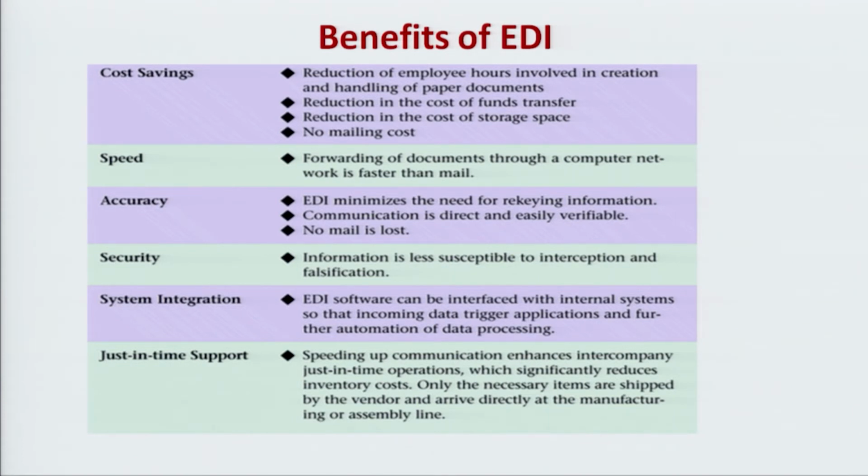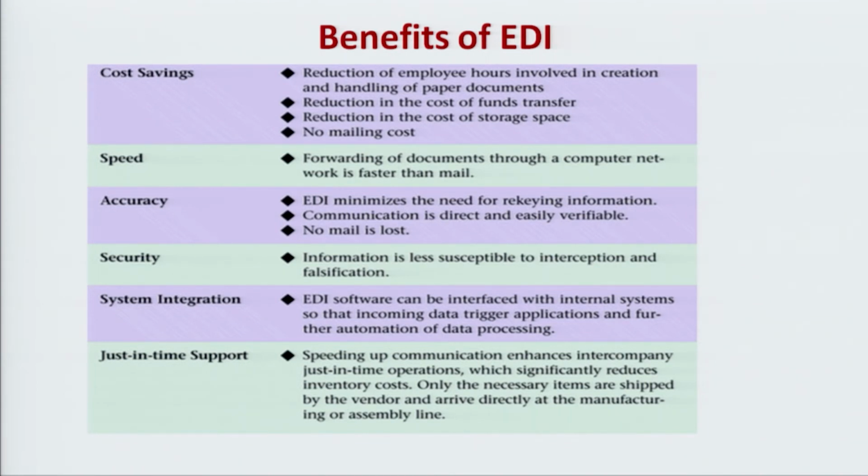Then EDI also increases the speed of working. Forwarding the documents through a computer network makes it much faster to be received by the other organization or person, after which they can initiate their processing. So, this helps in increasing the speed of the complete work. Then obviously it also leads to increased accuracy.